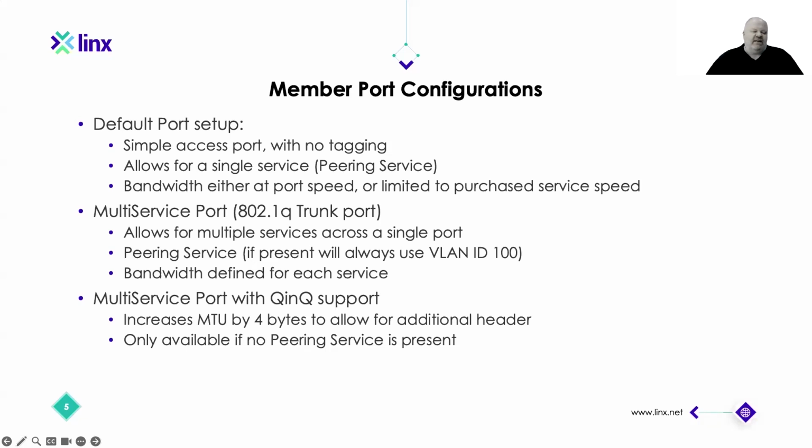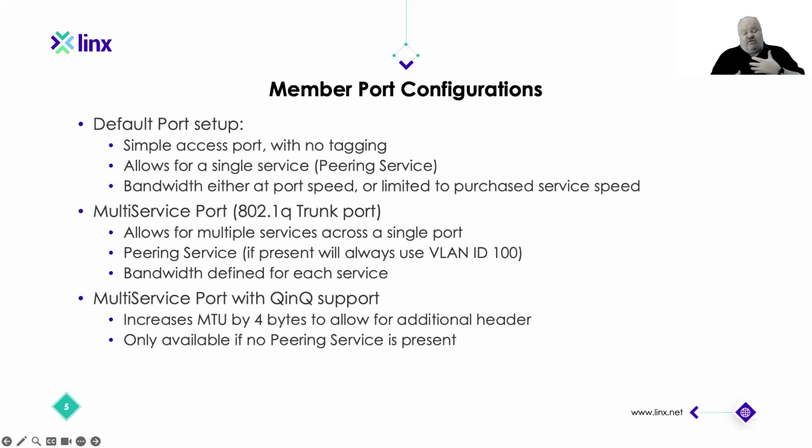So it would need to be a dedicated port that you use for Private VLAN or Cloud Connect services, simply to prevent some corner cases where, due to an MTU mismatch, packets might be dropped across the LAN and be pretty hard to troubleshoot, depending on other members' network equipment and how they handle MTU path discovery.